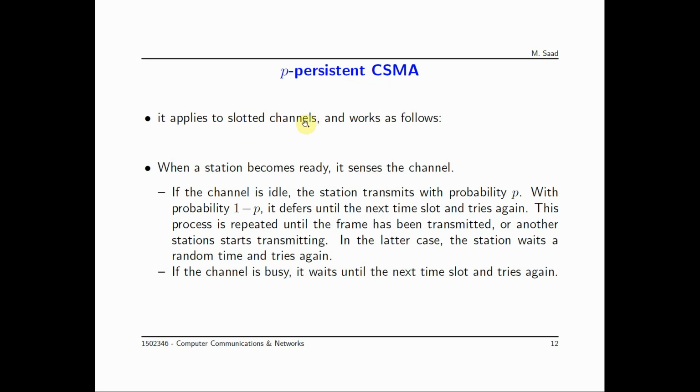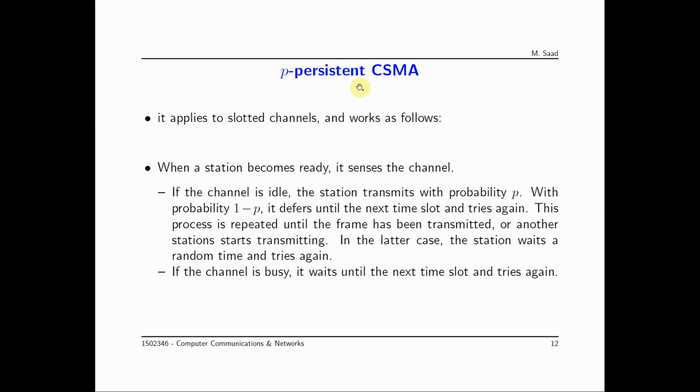In other words, we assume that our time is divided into discrete time slots, and any transmission can start only at the beginning of a time slot. If I have a frame to send, I can send it only at the beginning of a time slot, not at any arbitrary time. This is just an assumption on the side.